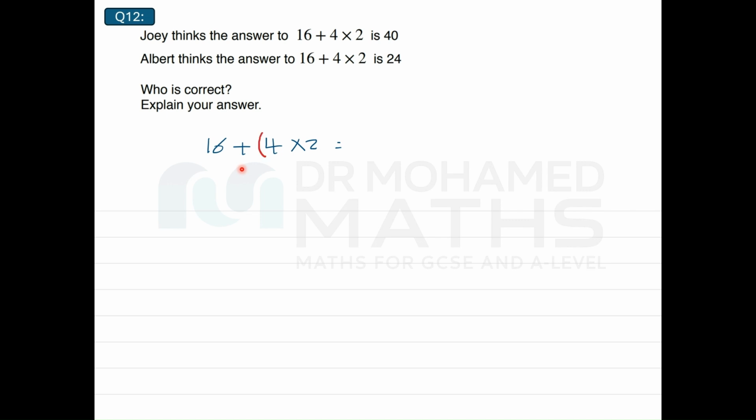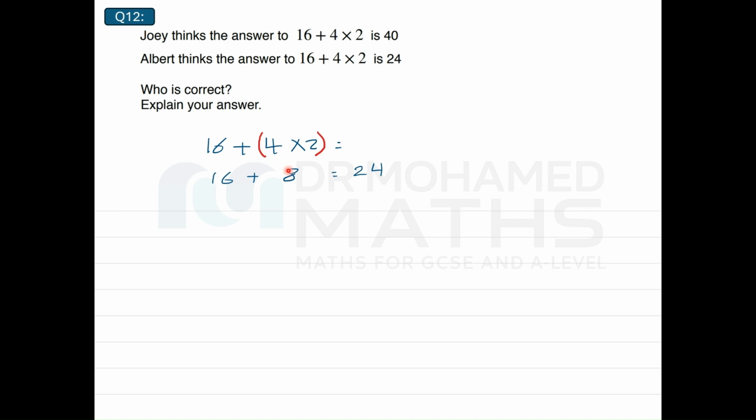According to BODMAS, multiplication should be done first because B stands for brackets, I stands for indices, D stands for division, M for multiplication, so M appears before addition. So that means I have to start with multiplication first. So it would be 8 and then plus 16 would be 24.